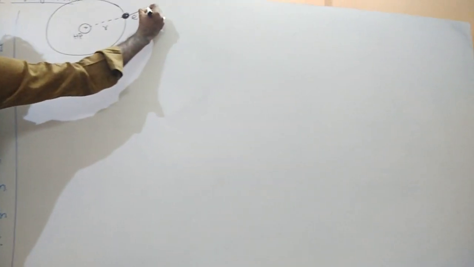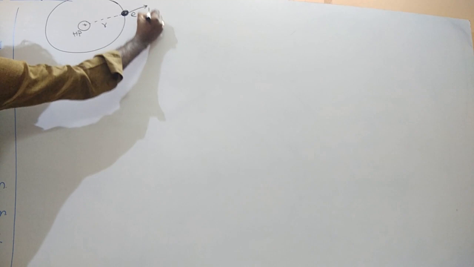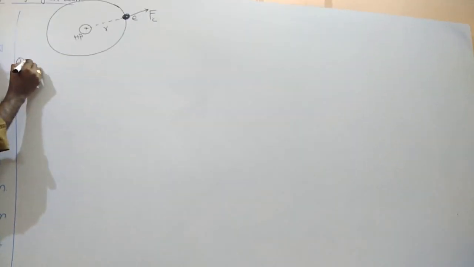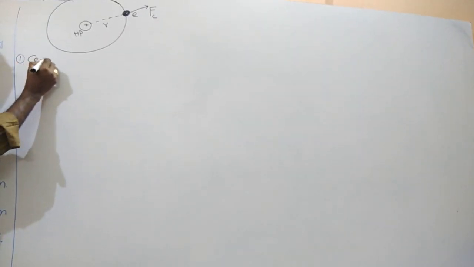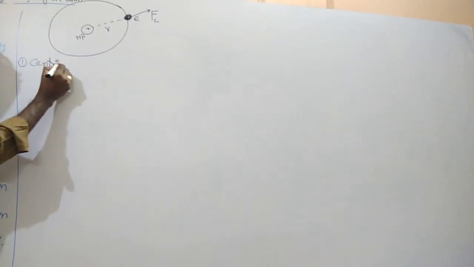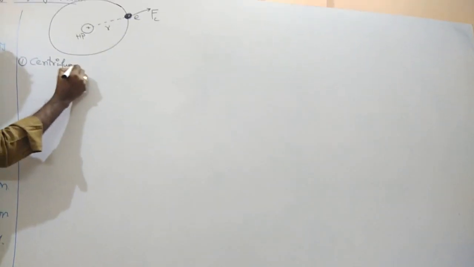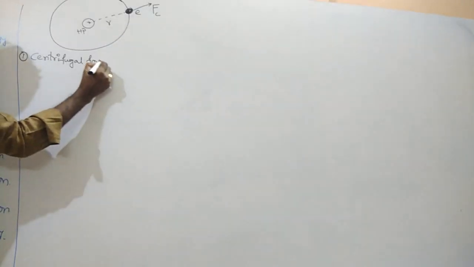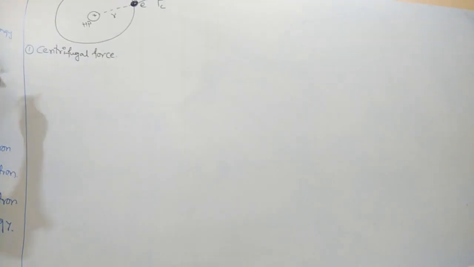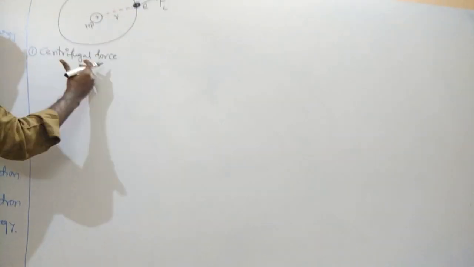This force, Fc, is the centrifugal force, and it is acting outward, pulling the electron away from the orbit radius.